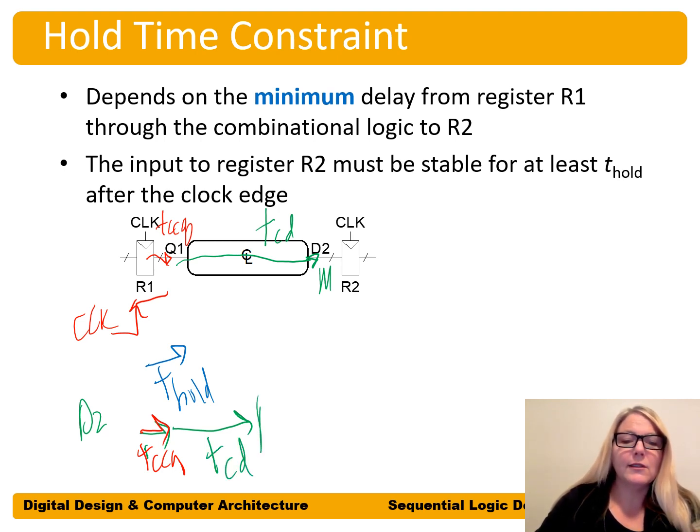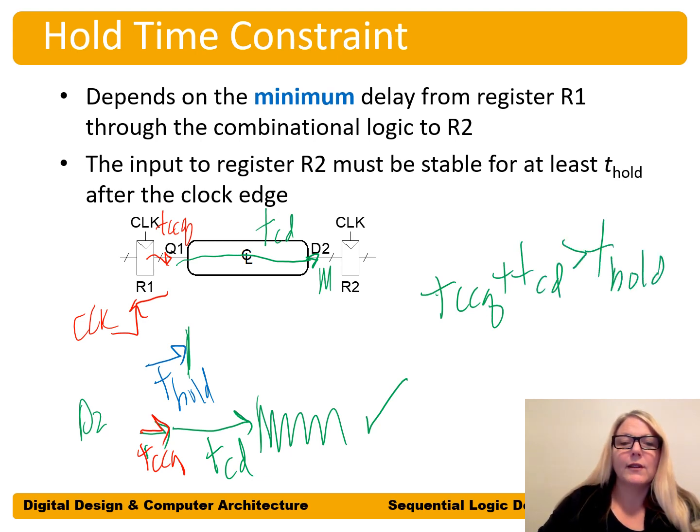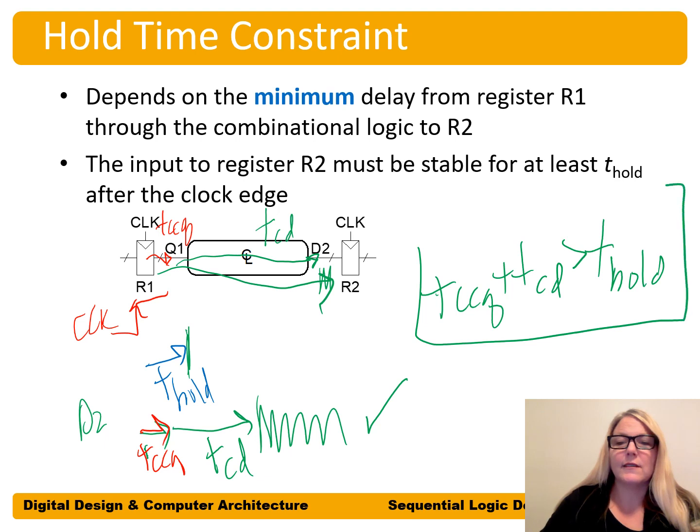But as long as D2 doesn't start changing until after a hold time, right, we just had to keep D2 stable until a hold time after the clock edge, it's fine. So there's no violation here. So TCCQ plus TCD has to be greater than T hold, right? It can't race through and start changing D2 before a hold time. So this is our constraint.